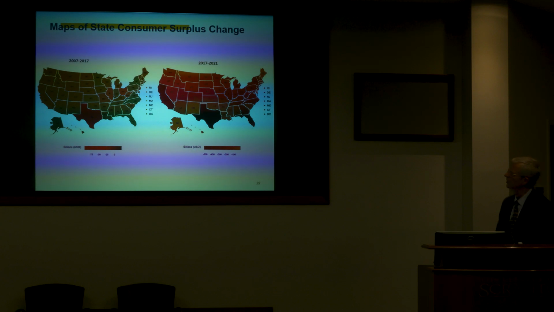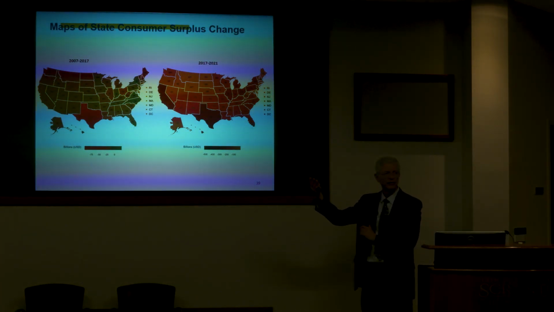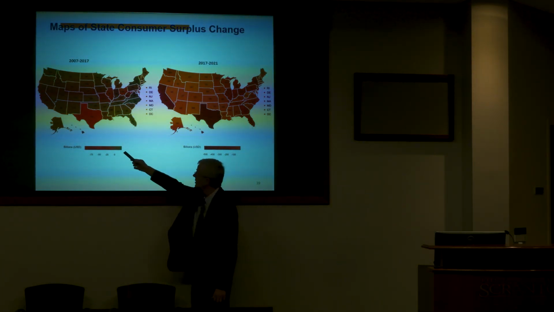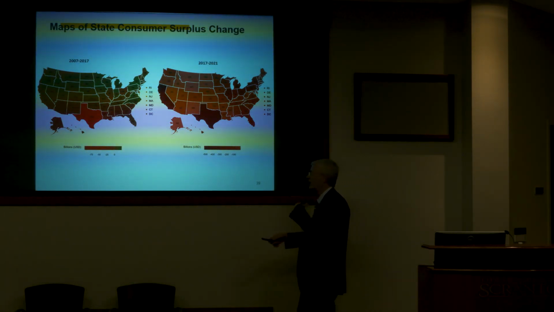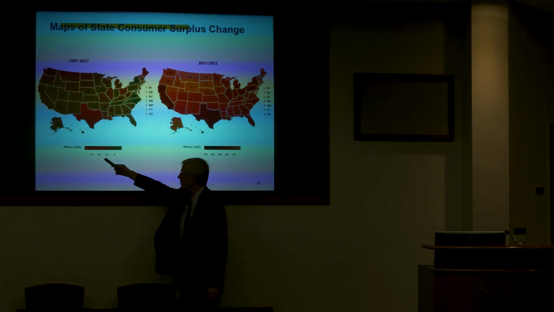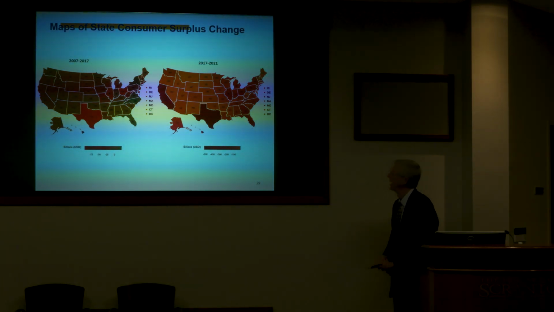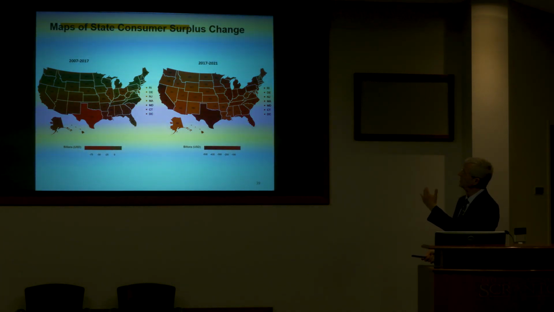So here's the consumer surplus change. Tariffs are going down in the first period. So consumer surplus is going up. That's the positive area, the green area. Texas is an exception. There's weird things going on with the tariff on oil, so let's just ignore Texas, okay? And then in the second period, tariffs are going up.